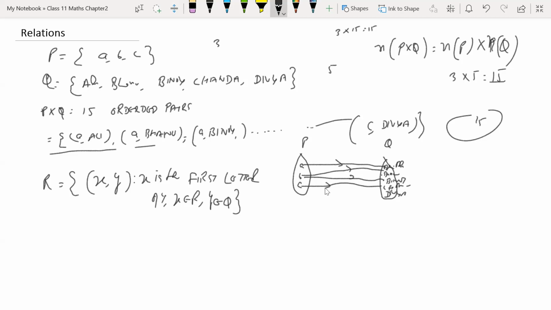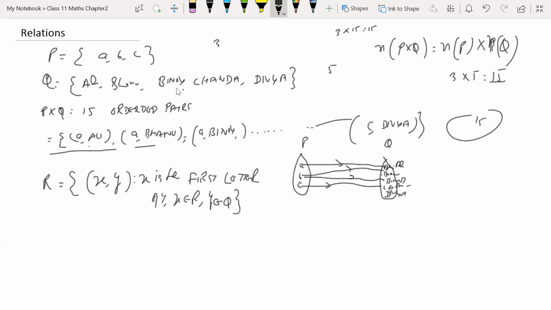So from these sets P and Q, we reach a conclusion that a relation from a non-empty set A to a non-empty set B is a subset of the Cartesian product A cross B. We know that the Cartesian product has the elements A, Ali; A, Bhanu; A, Binoy; A, Chandra; A, Divya.